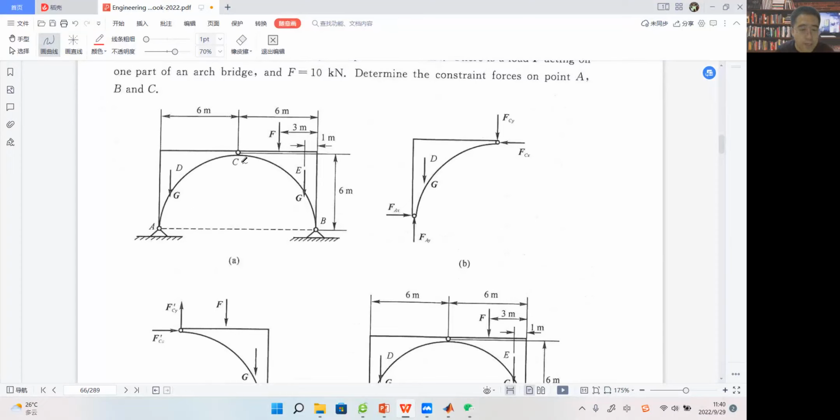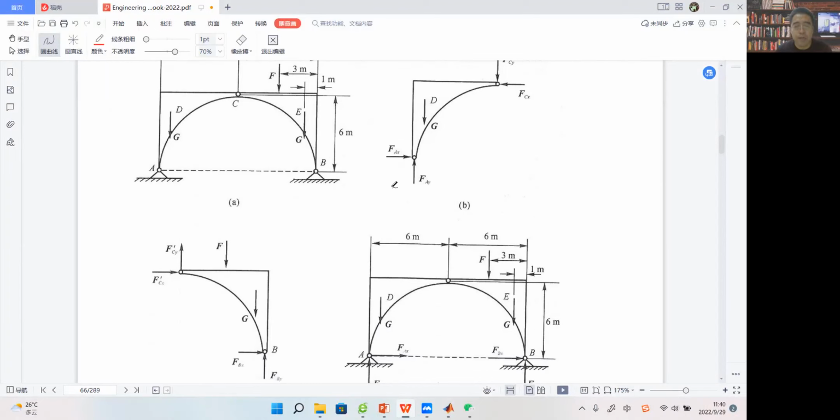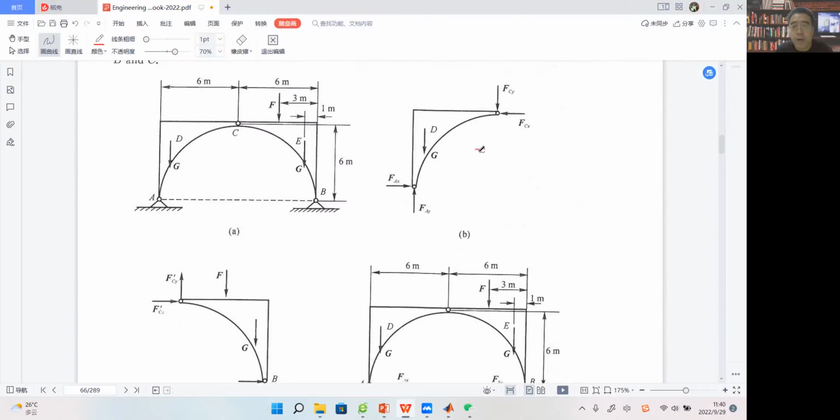So we give FCY prime, which is in the opposite direction from this FCY. And we give FCX prime, which has the opposite direction to this FCX. And these two force analyses tell us that the magnitude of FCY equals FCY prime.